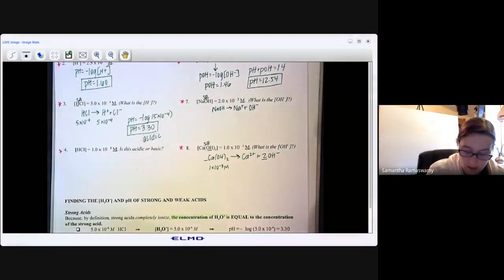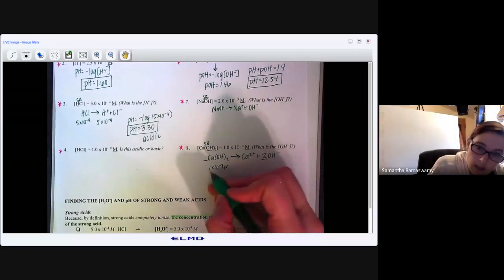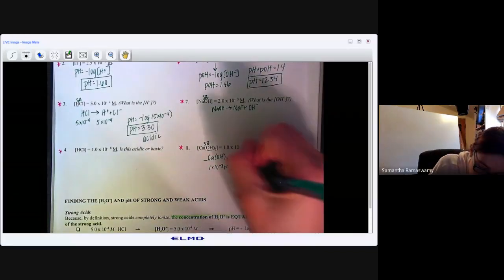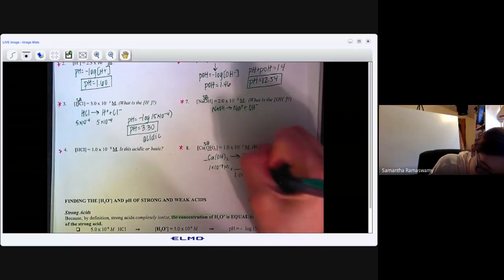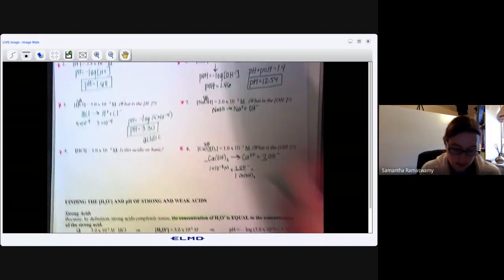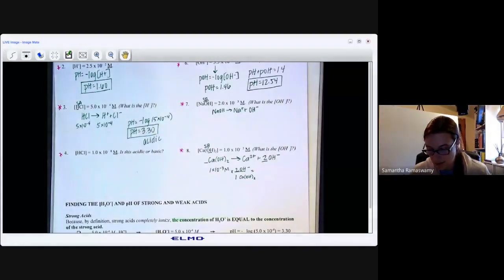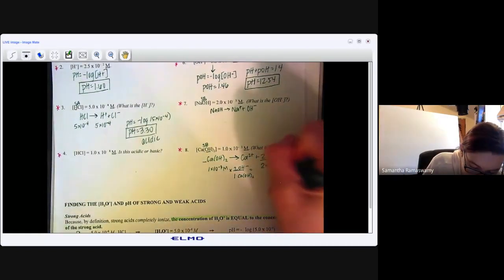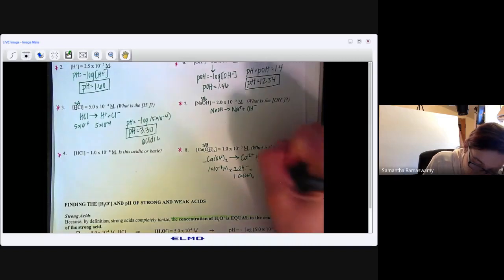If you can't just look at this and multiply, you can do this: 1 Ca(OH)2 produces 2 OH minus. Then just do 1 times 10 to the negative third times 2, and we get 2 times 10 to the negative third. There's your OH minus concentration.